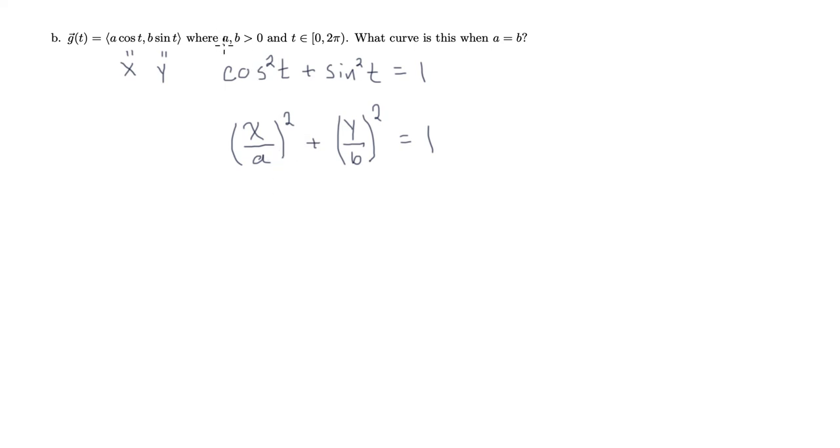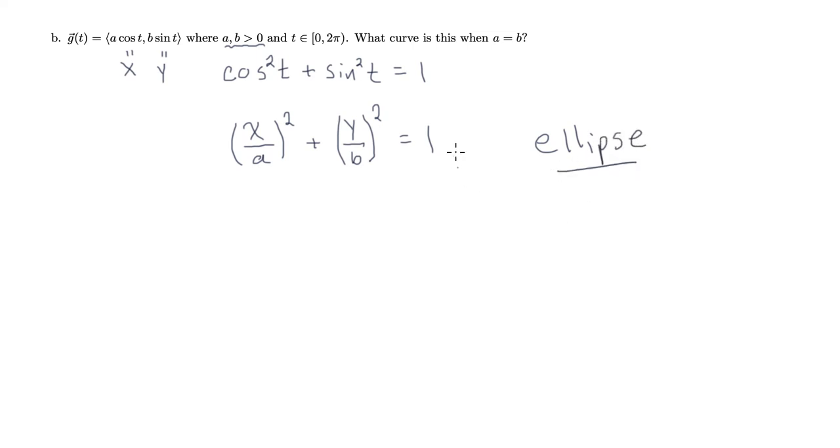And here, of course, I'm using the fact that a and b are strictly bigger than 0. And so what is this the equation of? It's sort of like a circle. It's a little bit more general than a circle. This is actually the equation of an ellipse.